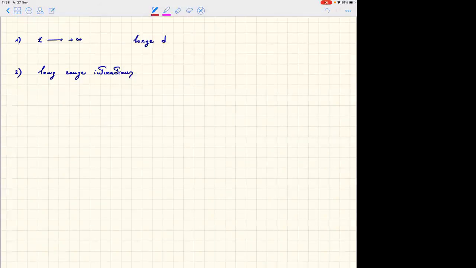All right, so now how to do mean field theory in practice? Well, in practice, what you do is the following. You define M as the average magnetization.